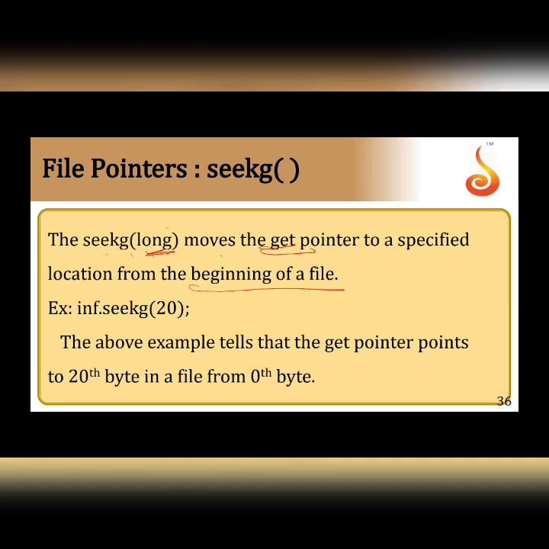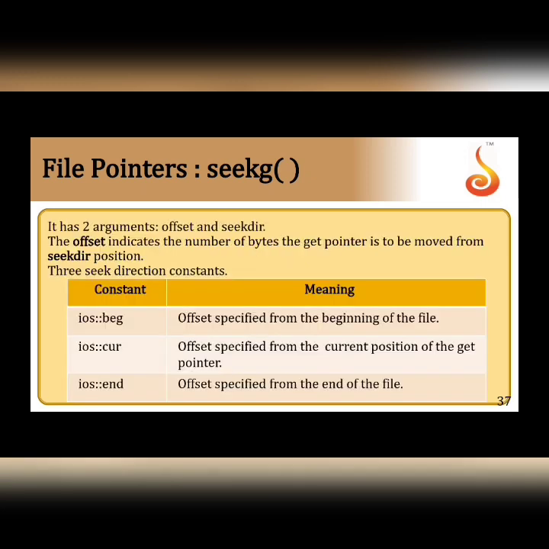So if I just give this, it will move 20 bytes from the beginning of the file and place the get pointer there for reading. That is, the get pointer would point to the 20th byte in the file from the 0th byte, because 0th byte means the beginning of the file, and one character is 1 byte.